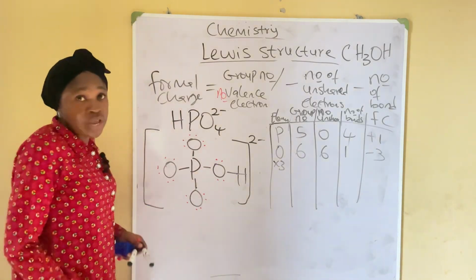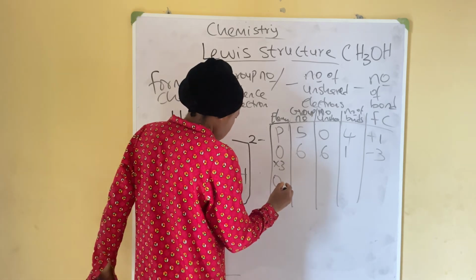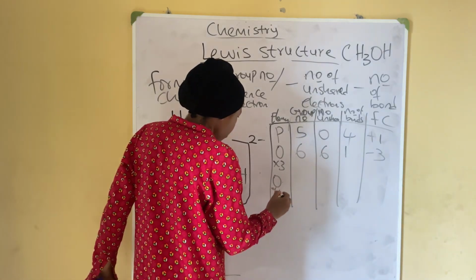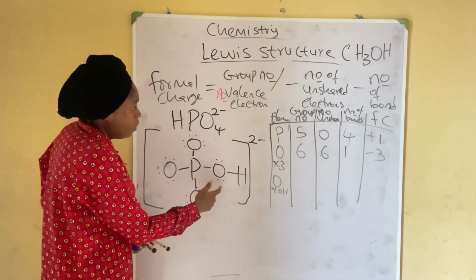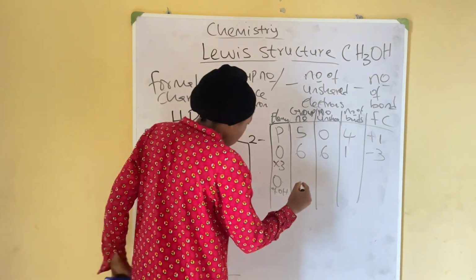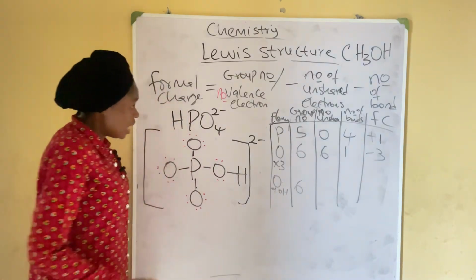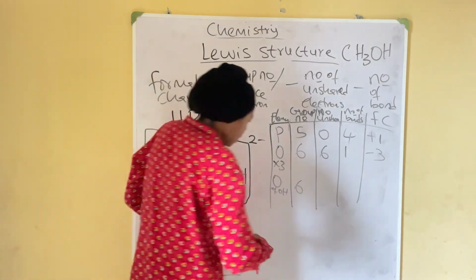The oxygen of the OH group. What's the number of valence electrons of oxygen, or group number? That's 6. How many unshared electrons does it have? 1, 2, 3, 4. So that's 4.